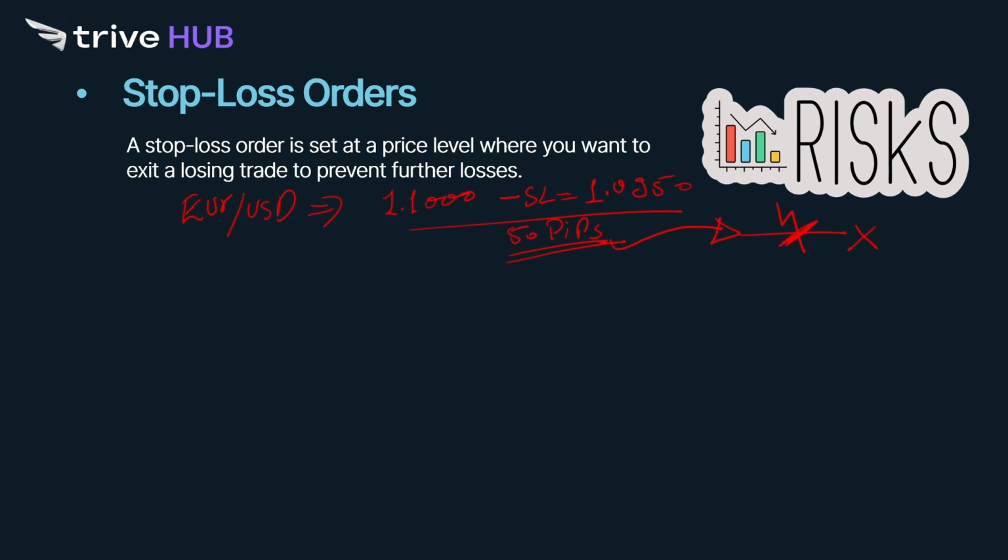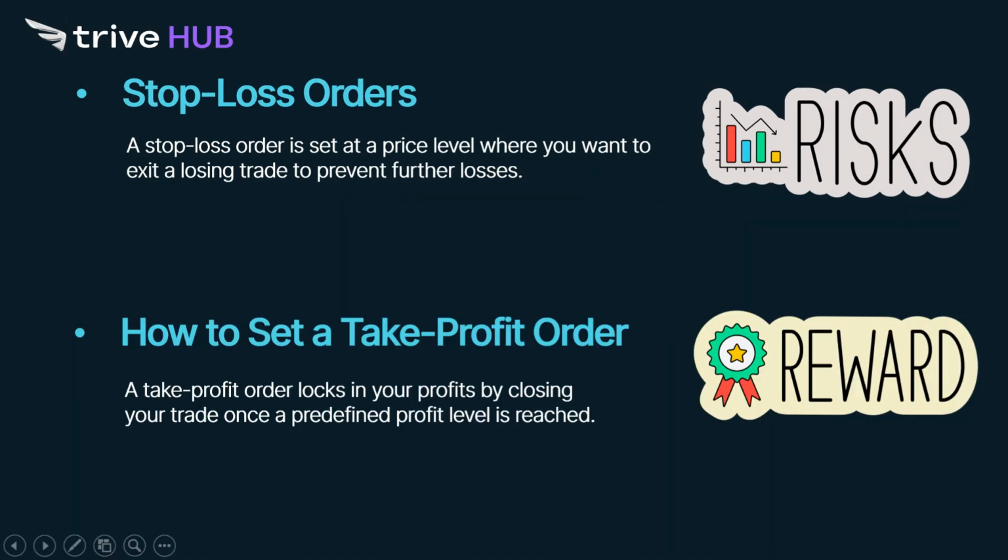Similarly, take profit orders, or target orders, you can say. A take profit order is a type of order that automatically closes a winning position when the market reaches a specific price level, securing your profits. For example, we bought Euro USD at 1.1000 and want to close if it reaches 1.1100.